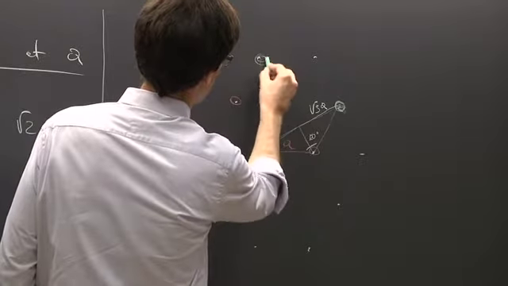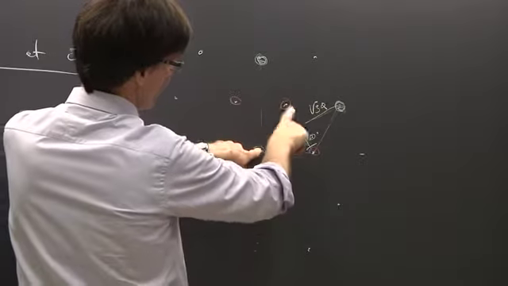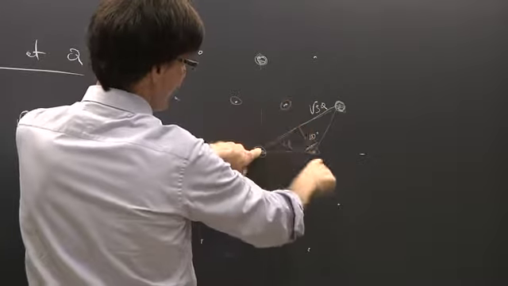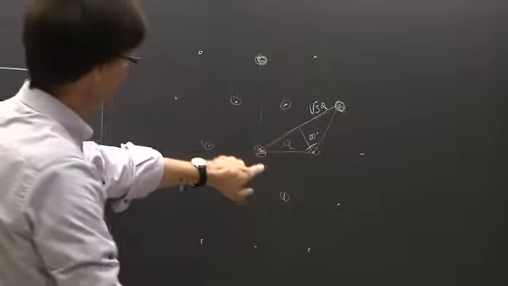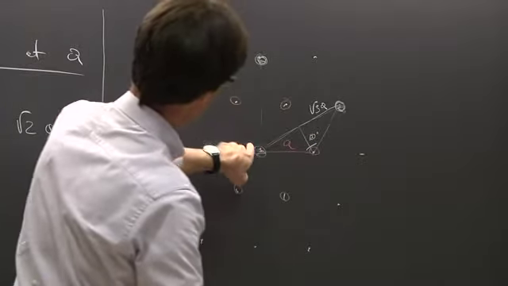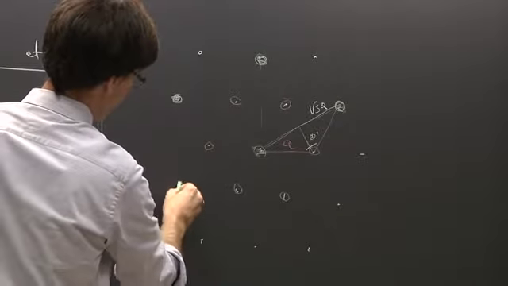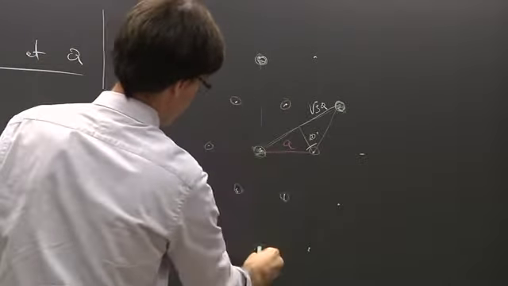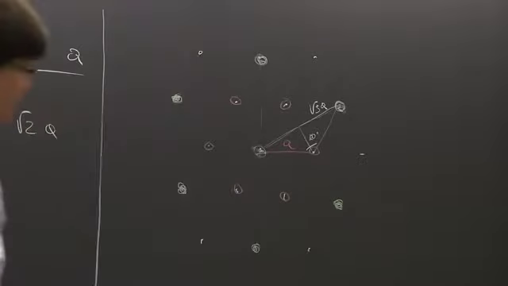This line is going through the middle of the segment between two nearest neighbors, right? So this one, here, this one, here, here. 6.